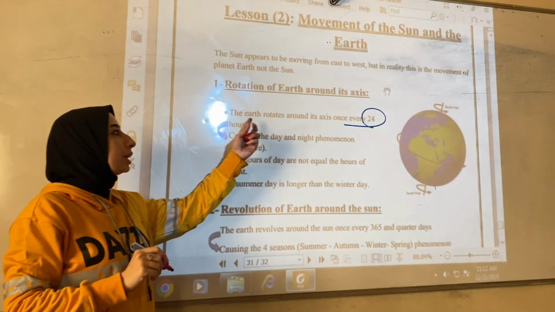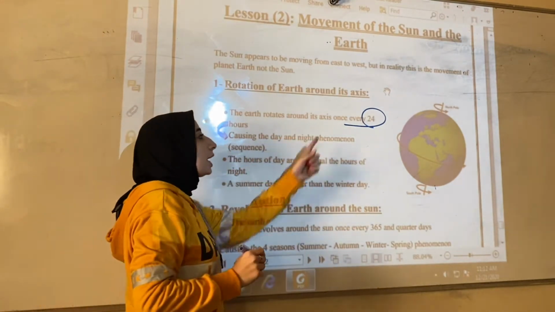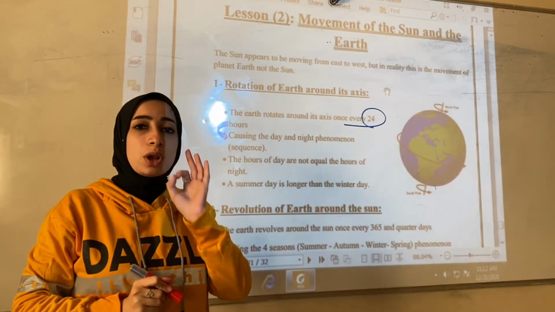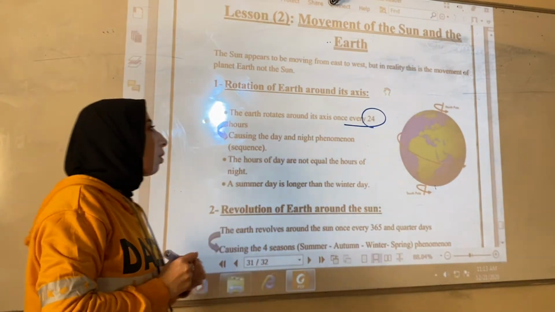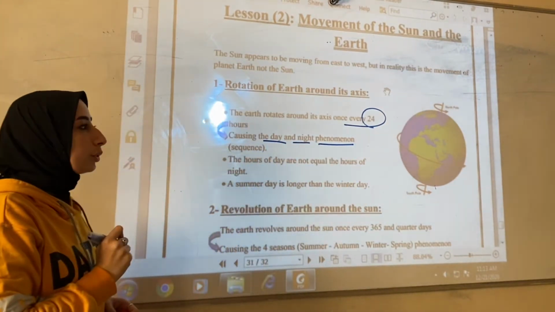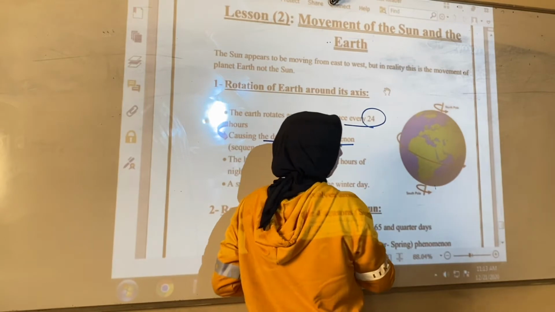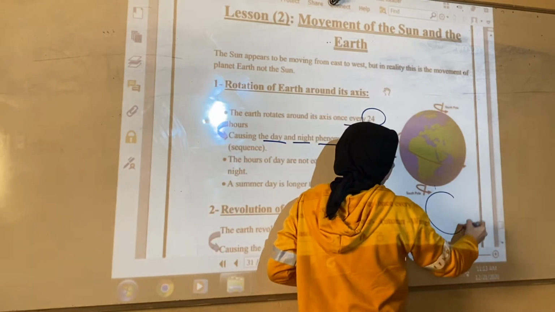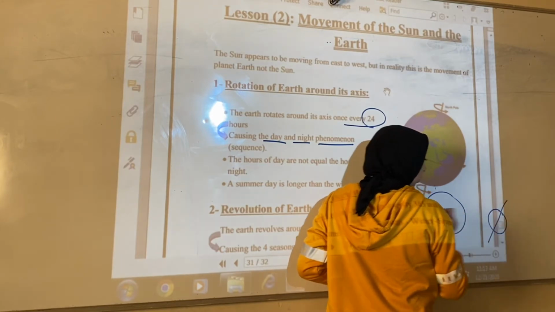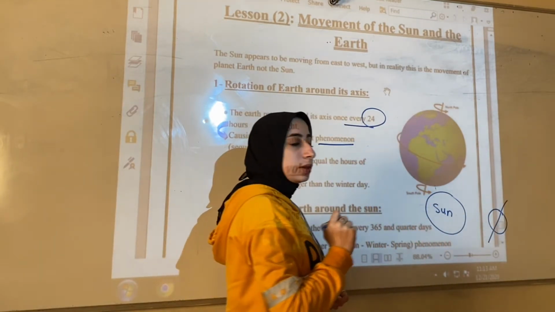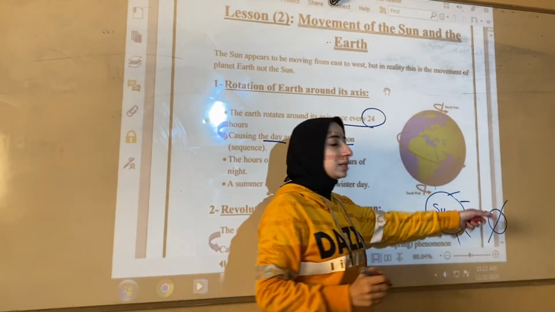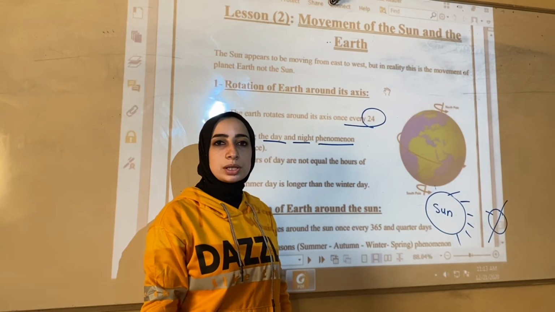The Earth rotates around its axis every 24 hours, and this causes a phenomenon or a sequence called day and night phenomenon. How? For example, here, if the sun is here, and that's the Earth, okay, this part that's facing the sun will have what?